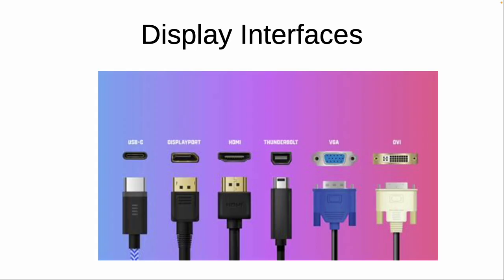You can do what you want with it. But it doesn't do audio. So HDMI is a superset of DVI. It does do audio. And then there are a bunch of other ones: USB-C, DisplayPort, Thunderbolt. These are packet switched displays, and so they're more complex, so they require more room in an FPGA.